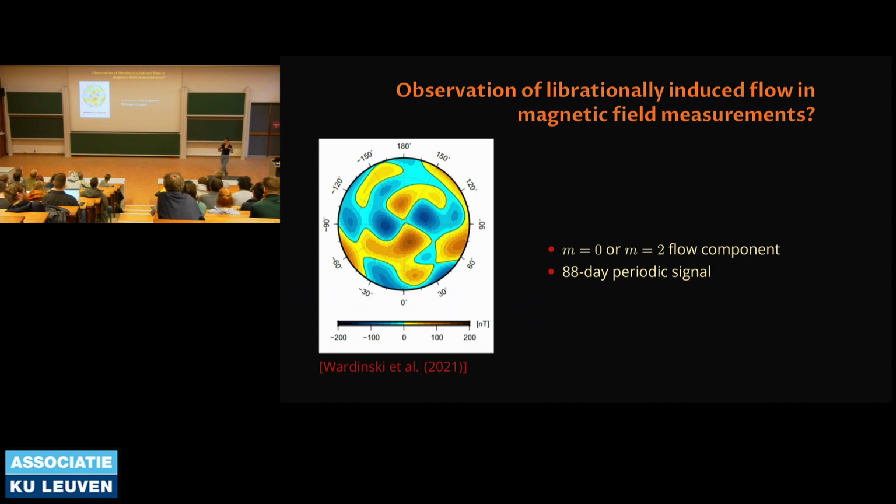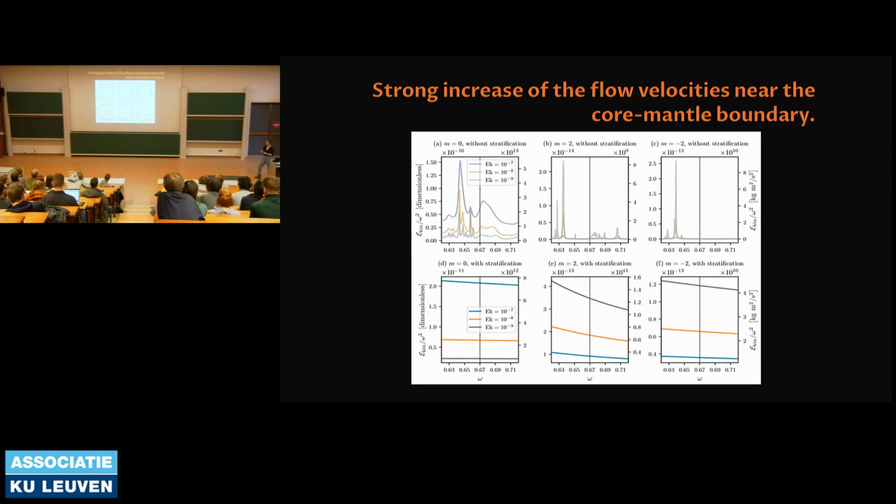And of course, any magnetic field signal that's excited by this type of flow will be 88-day periodic, because the excitation mechanism is 88-day periodic. So the induced magnetic field will also have the same periodicity.